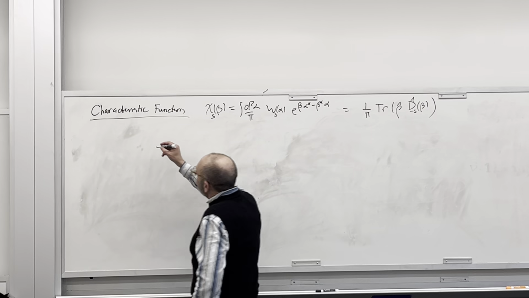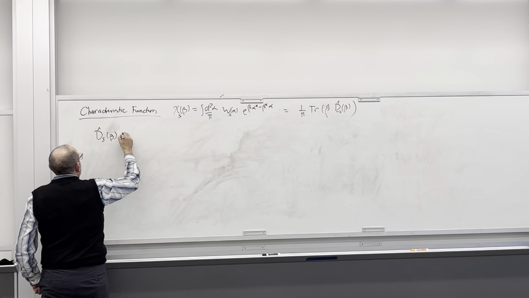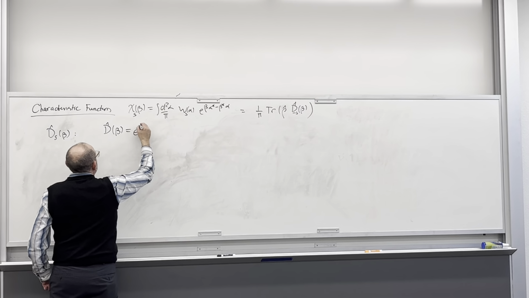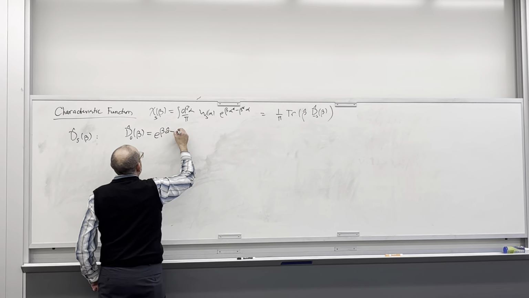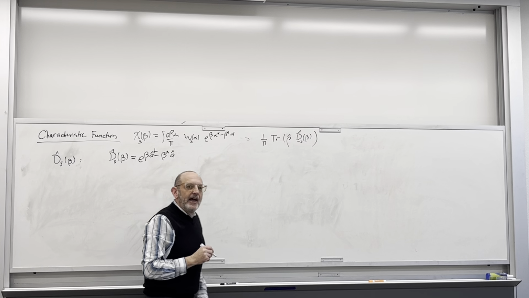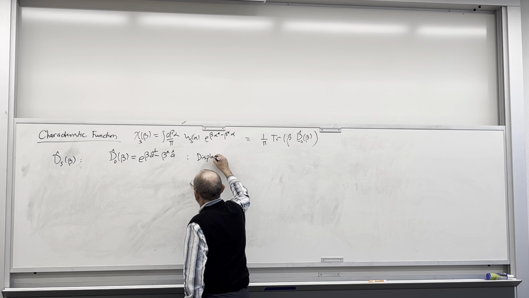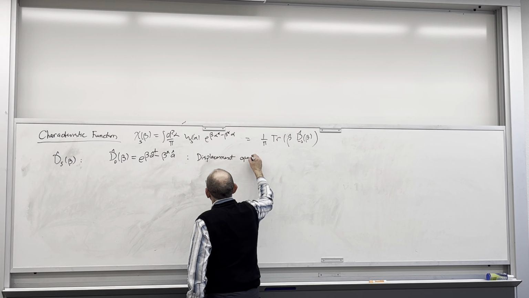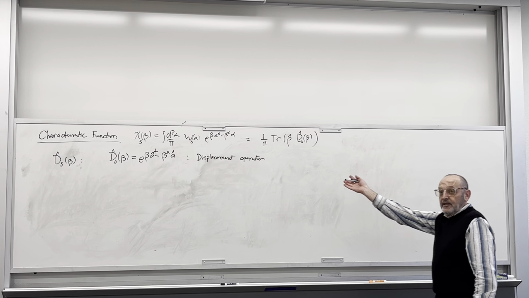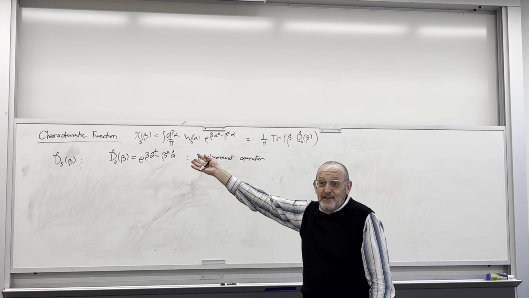So D sub S is the following. D is defined as this. That's D_0, the symmetrically ordered case. That's our friend, the displacement operator. It's the only friend we have. I know, it's a tough life. So that's symmetrically ordered, and that's how we defined it, or that's sort of how we defined the symmetric delta function in the first place.